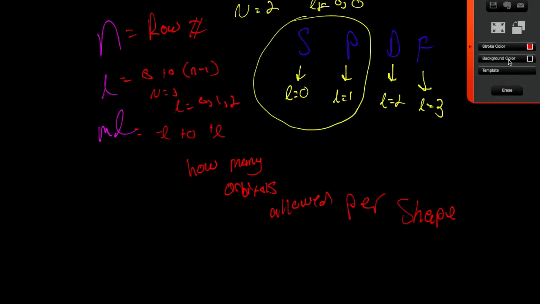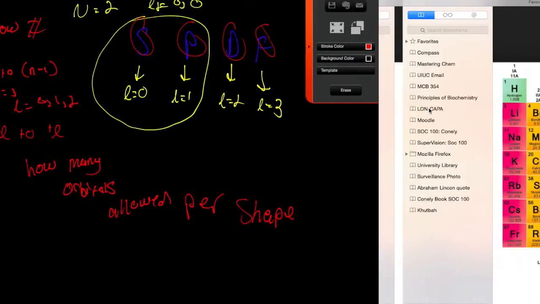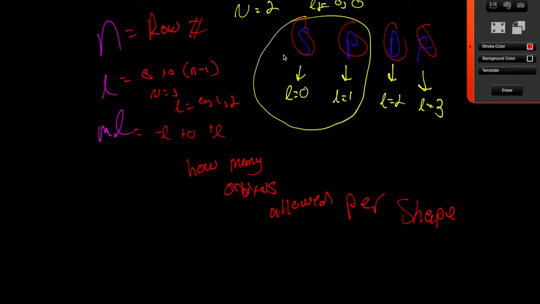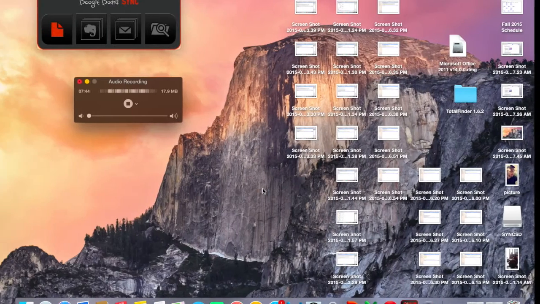And what I mean by that is how many orbitals allowed per S, P, D, and F. Because those are also zones on the periodic table, but I also told you earlier in the video that these are spherical shapes, the S, and these are dumbbell shapes, the P. And m sub L basically also refers to how many orbitals are allowed per shape.